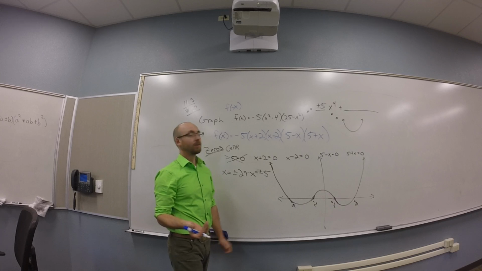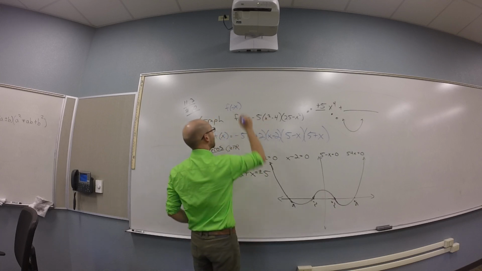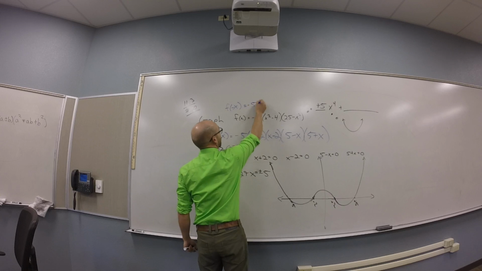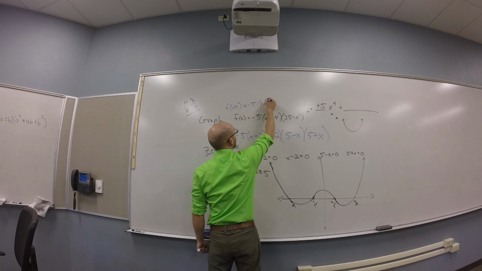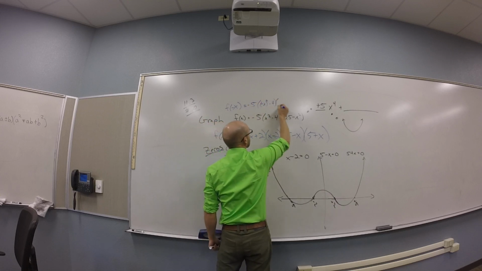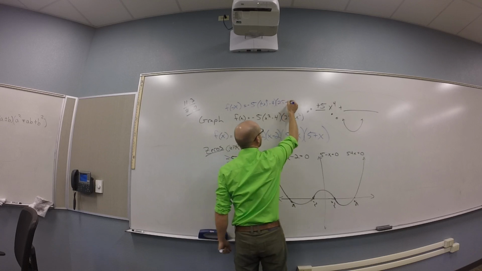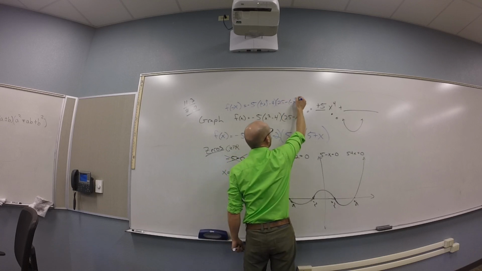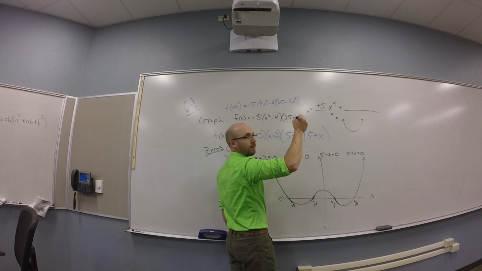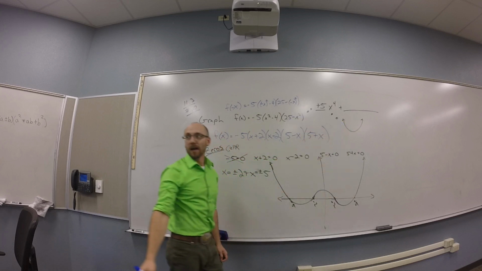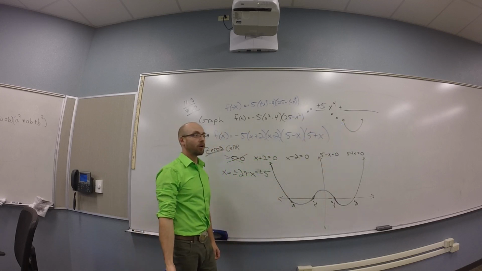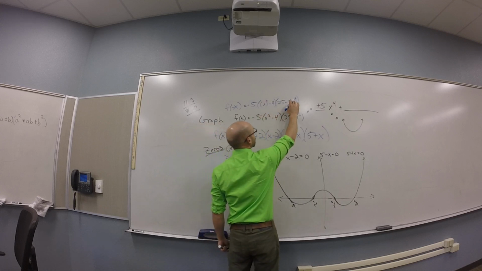Looks even to me. So if you plug negative x in here, you get -5 times negative x squared minus 4 times 25 minus negative x squared. Well, it's even, because as soon as you square a negative, it's gone. Yeah, right? We're squaring all the negative signs that we just put in there, so we'll lose them.